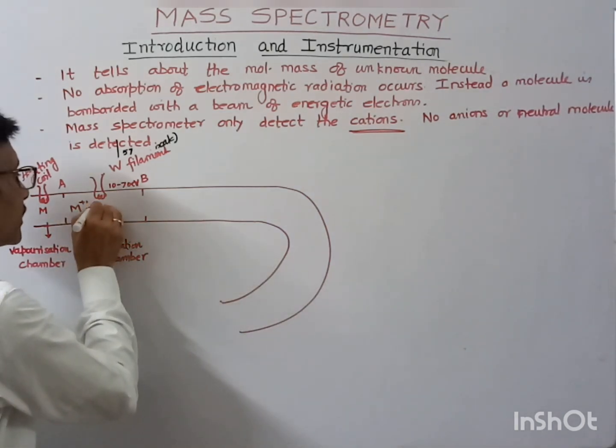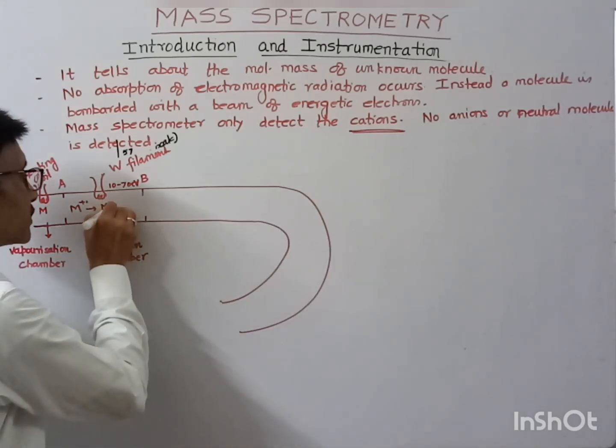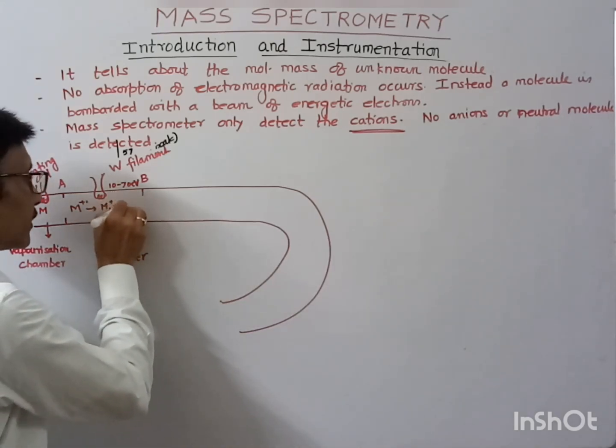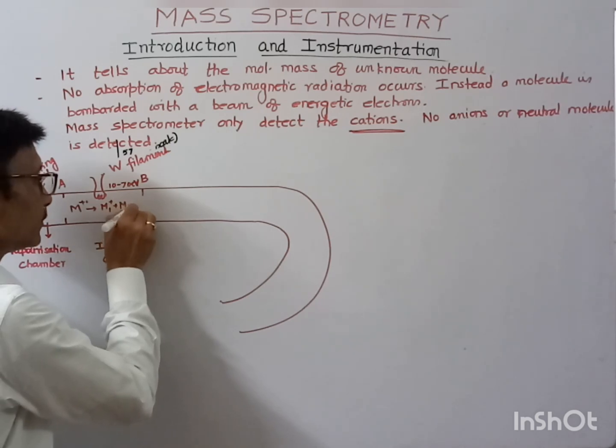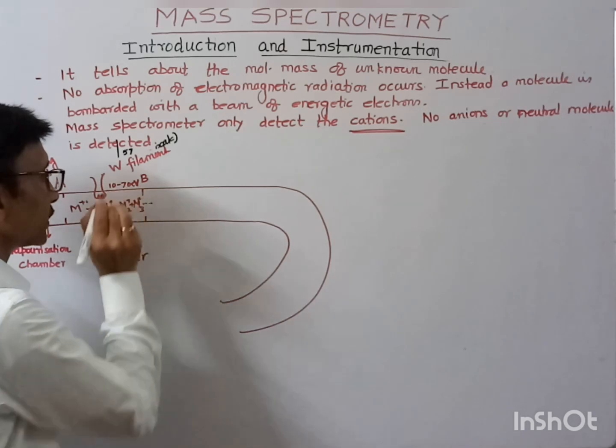Further at 70 electron volt, it is converted into various fragment ions, M1 plus, M2 plus, M3 plus, and so on.